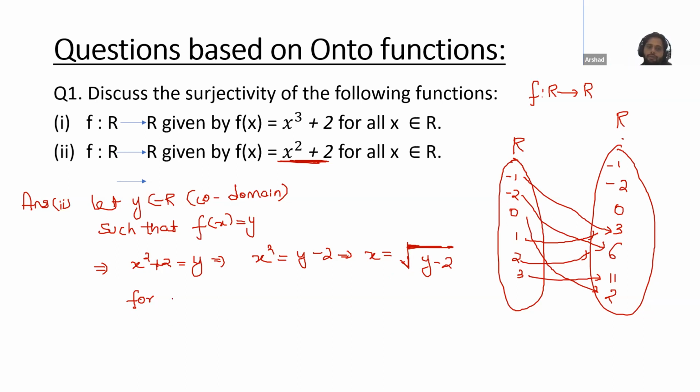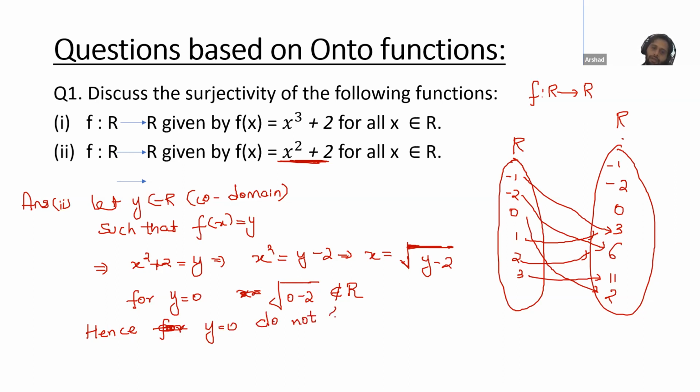So we will write for y is equal to 0, under root 0 minus 2 is not real. Hence y is equal to 0 does not have its pre-image.